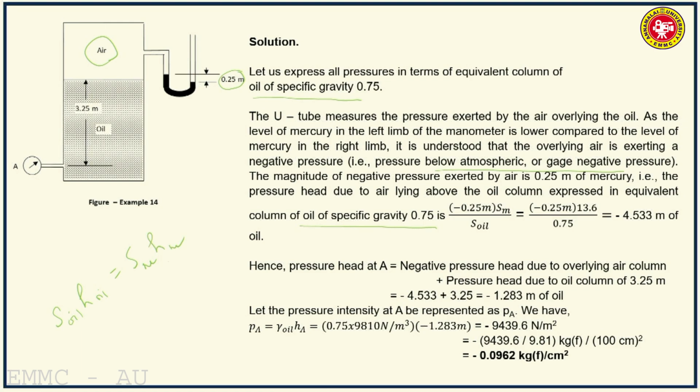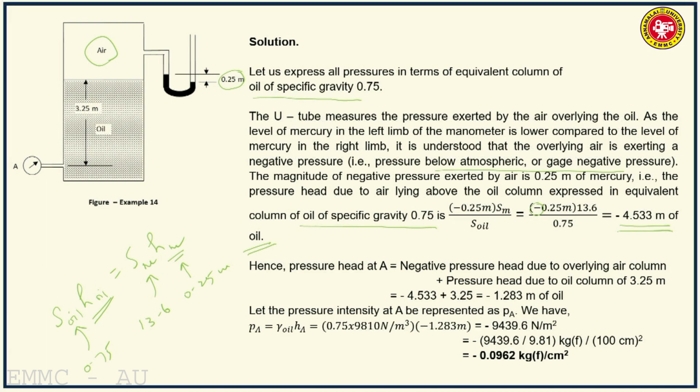Here column of mercury HM is 0.25 meter, specific gravity of mercury is 13.6, and specific gravity of oil is 0.75. So we can get the pressure in equivalent column of oil. The minus sign indicates the pressure is negative, that is below atmospheric, therefore minus 0.25 into 13.6 divided by 0.75, we get the negative pressure in equivalent column of oil, that is minus 4.533 meters of oil.